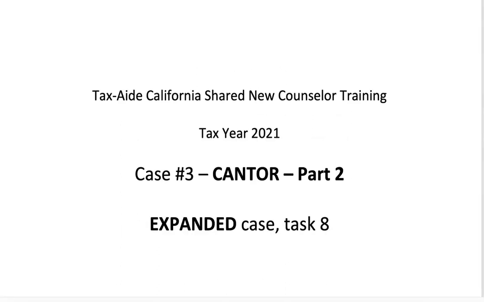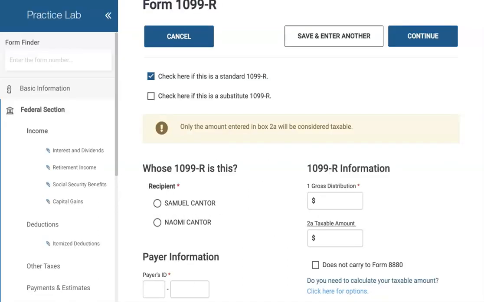Okay, now it's time to review what was done in the expanded case. Entering the 1099-R from the post office is the most complicated thing we've encountered to enter into TaxSlayer so far. That's because box 2A, the taxable amount, is blank, and we need to figure out how much that should be.